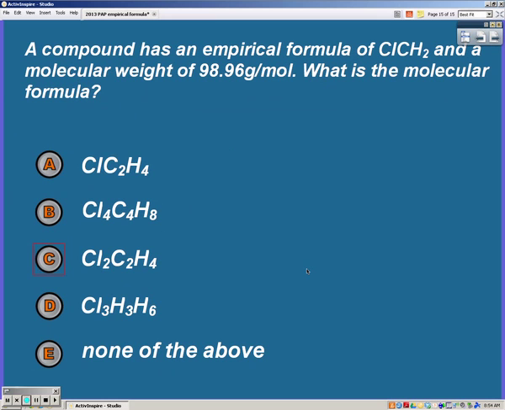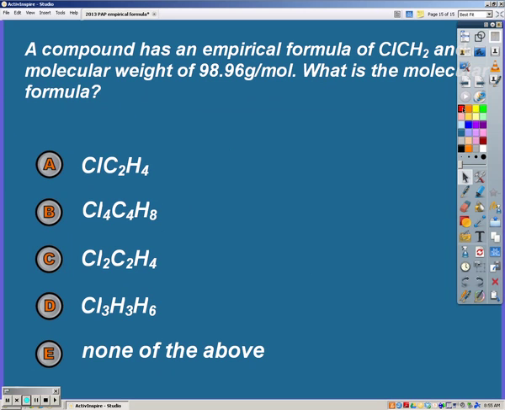First thing you had to do was calculate the empirical's molar mass. So ClCH2 has a molar mass of 49.48.